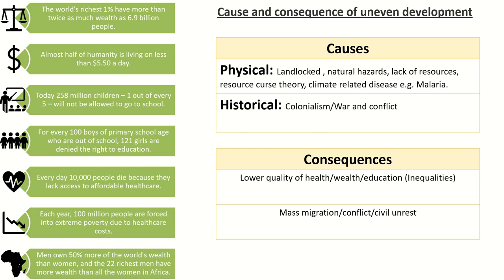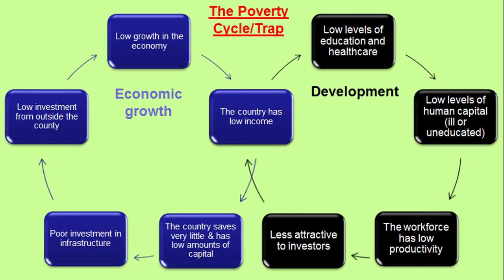And a final point from me on this particular topic. I'm not going to cover it massively here, but we also have these solutions as well. Now, if we go back to my poverty cycle, the solution is always going to be about changing one part of this poverty cycle. Now, one solution is aid or foreign direct investment, and that leads to either higher investment from outside the country or, let's say, aid for malaria nets improves health of a country.